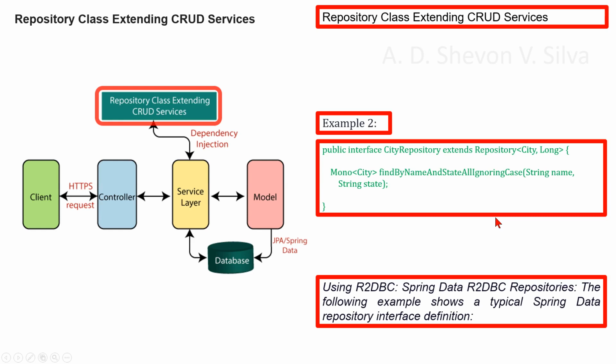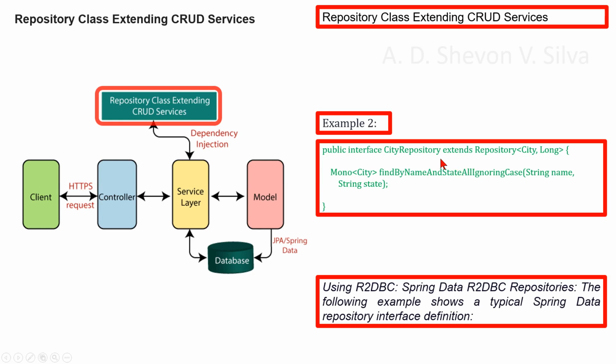Now we are considering Spring Data R2DBC repositories, using R2DBC. The following example shows a typical Spring Data repository interface definition. Spring Data R2DBC repositories are interfaces that you can define to access data.